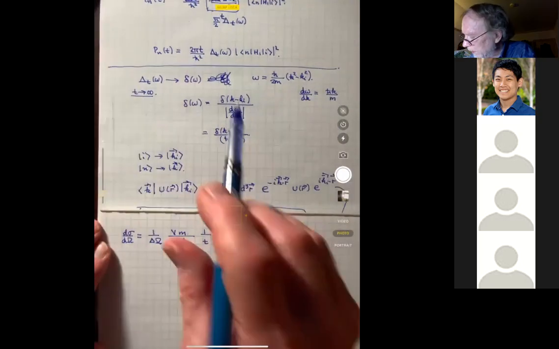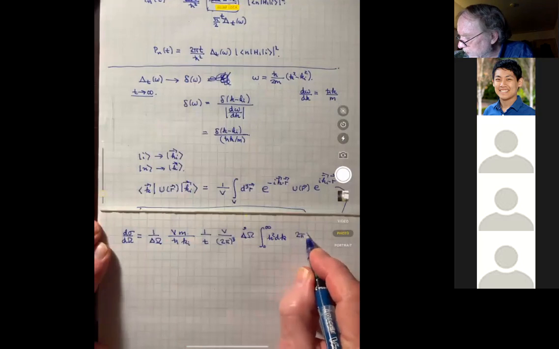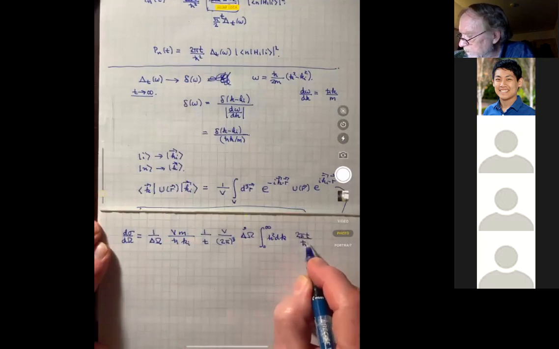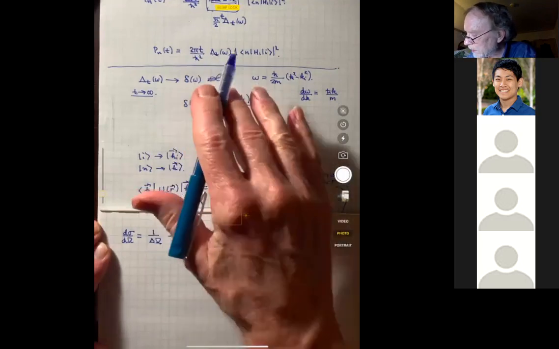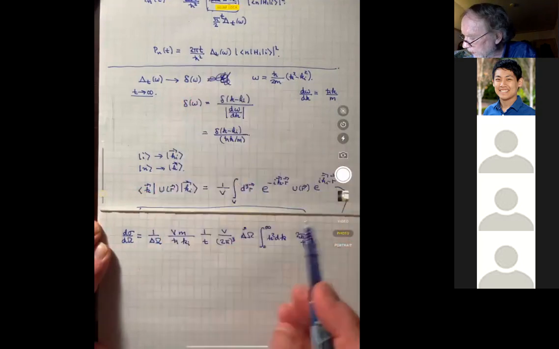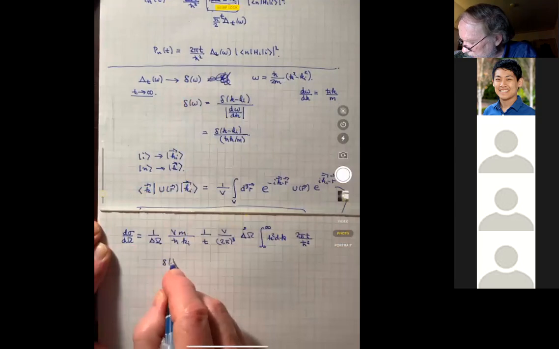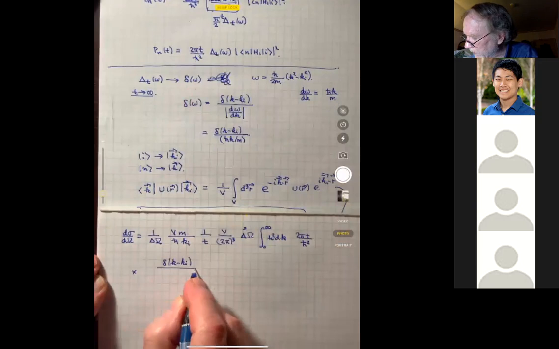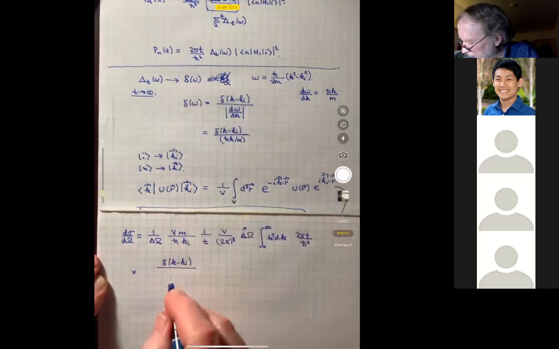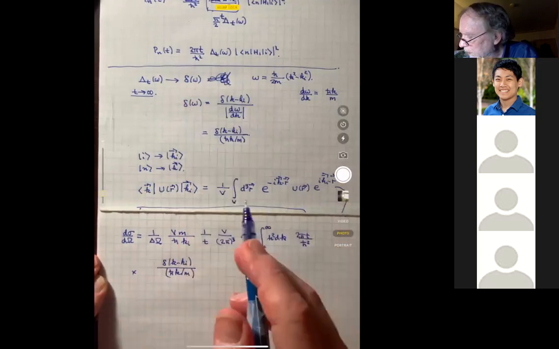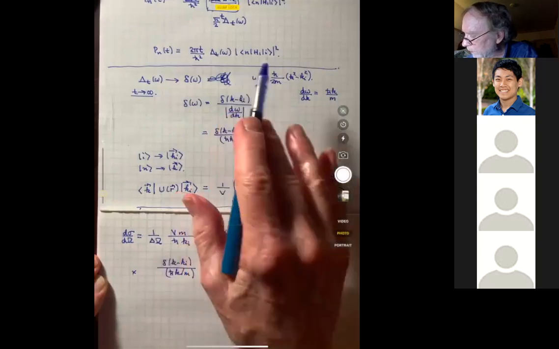I have, first of all, 2 pi t over h bar squared. I have the capital delta_t of omega, which is going to turn into a Dirac delta function, so that turns into a delta of k minus k initial. This is multiplied times this, divided by this denominator, which is h bar k divided by mass m. Then what's left over is the square of the matrix element.